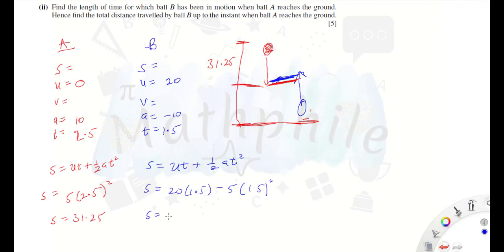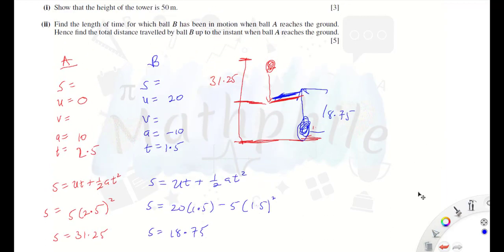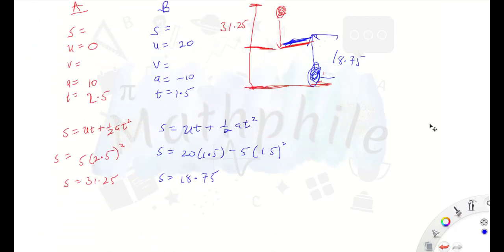18.75. So the distance from the ground to this level is 18.75. So the total height of the tower will be 31.25 plus 18.75, that's 50. That's what you're told to prove, that it's 50.